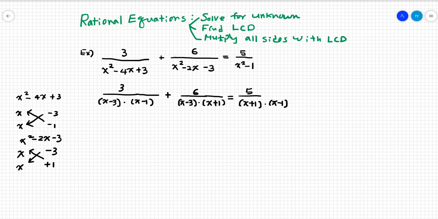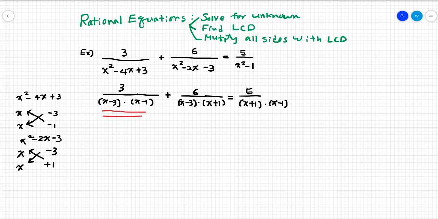In order to find the LCD, you're going to take all the common ones, and then you're also going to take the terms that do not belong to each term. So we're going to have to look at each term in the denominator here.